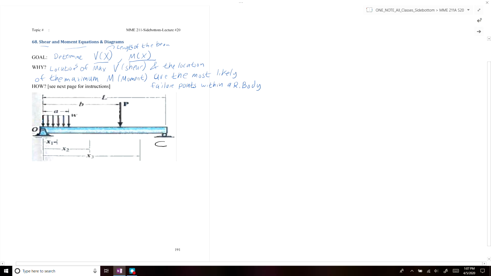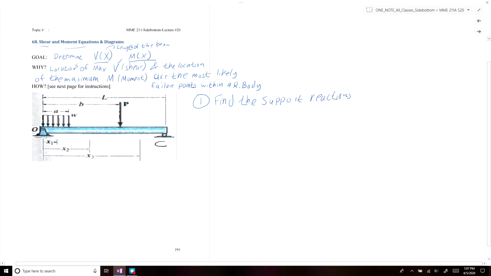So step 1 is we need to find the support reactions.